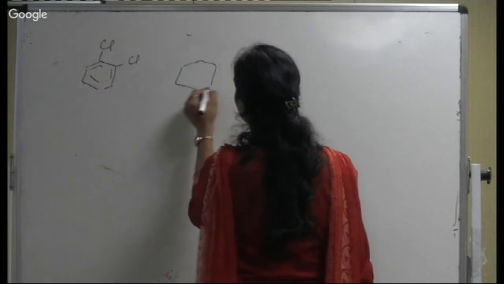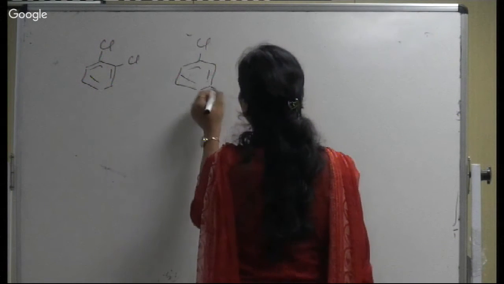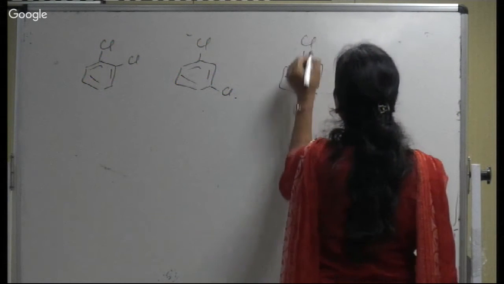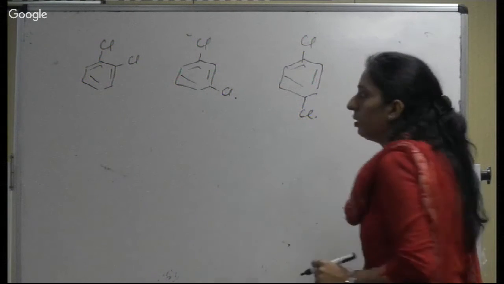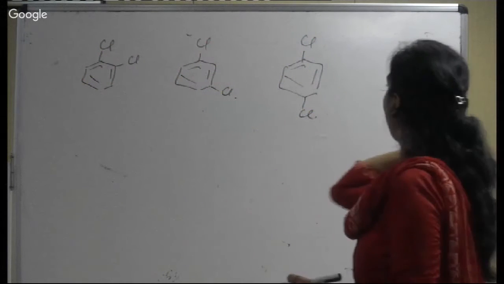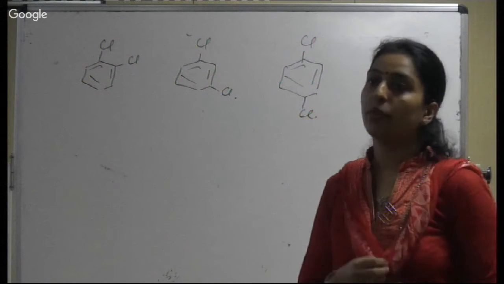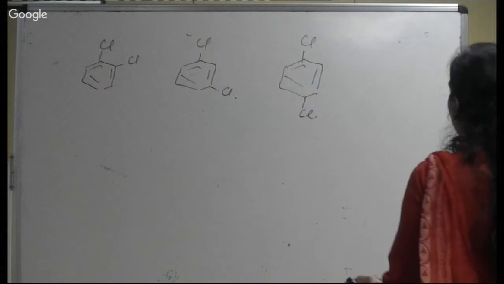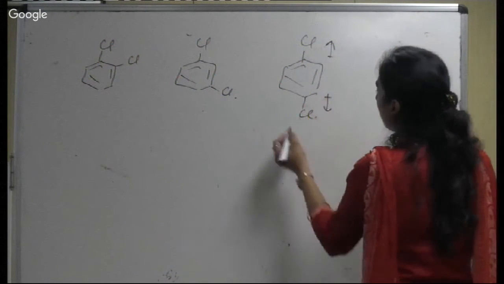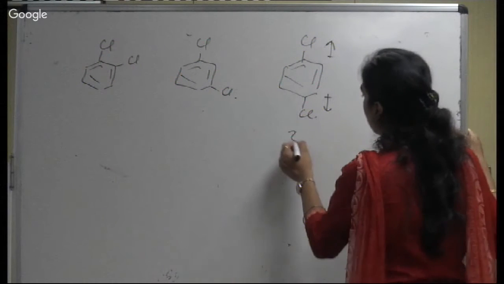Orthodichloro, metadichloro, and paradichloro. What can you say about the para-dichlorobenzene? Dipole moment would be 0. Why? Because it's a vector quantity, you know that it will cancel.